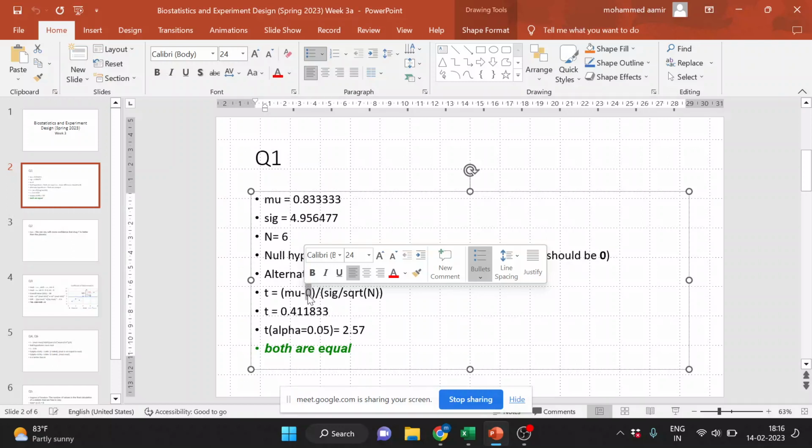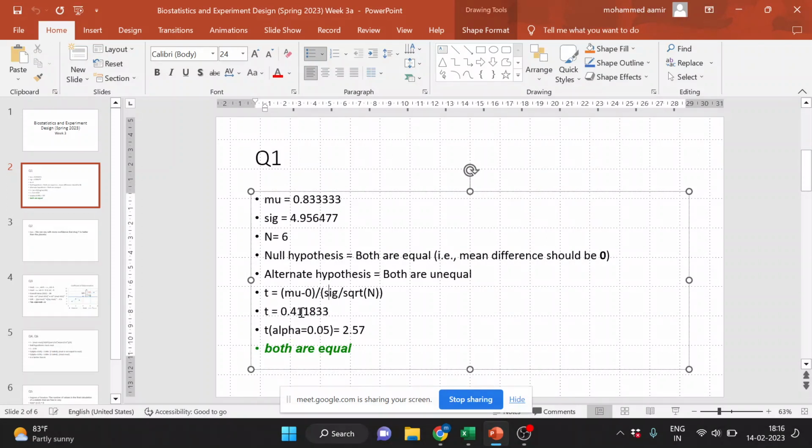This is your null mean. Null mean should be 0. The observed mean is 0.83. So mu minus 0 divided by standard deviation by square root of n. N is your sample size. You just have to substitute values in this formula. And when you do this, you get a t value of 0.411.